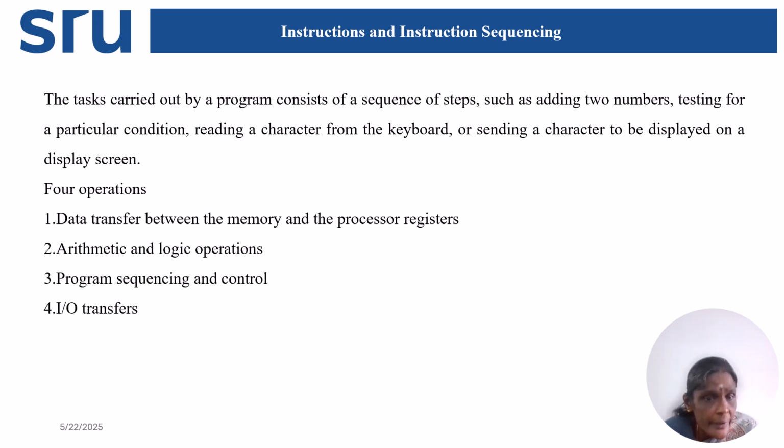Number one, data transfer between memory and processor registers. In the processor we could also have some registers, which are called storage elements, but we should not call them memory. Memory means it is external. Processor registers are inbuilt to the processor.